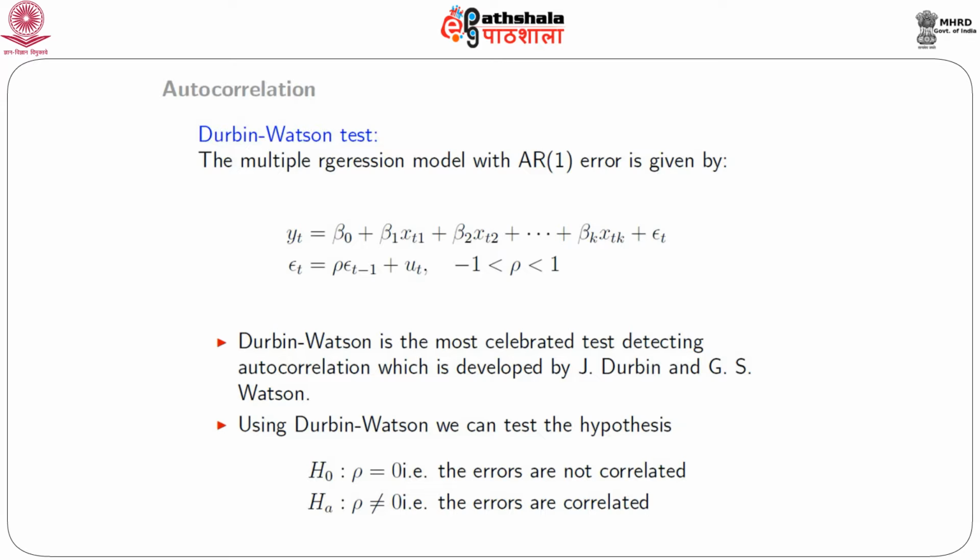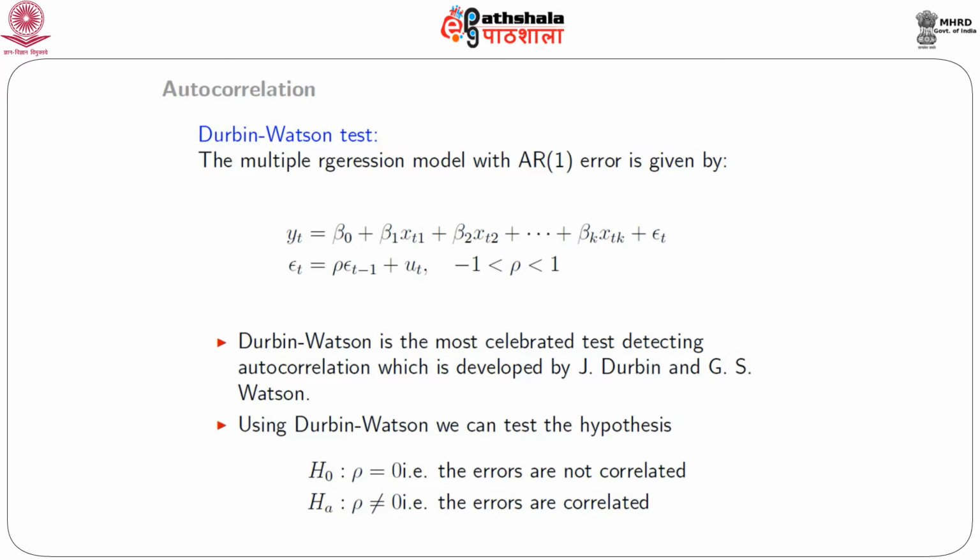Epsilon t is our error term, and since there is autocorrelation of order 1, epsilon t can be written as epsilon t equals rho times epsilon t minus 1 plus ut, where rho lies between minus 1 and plus 1.